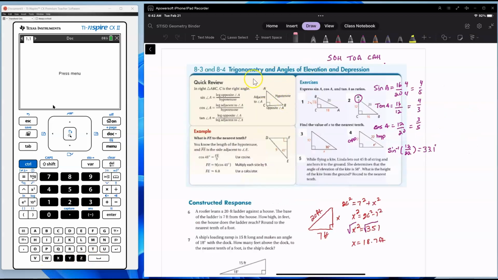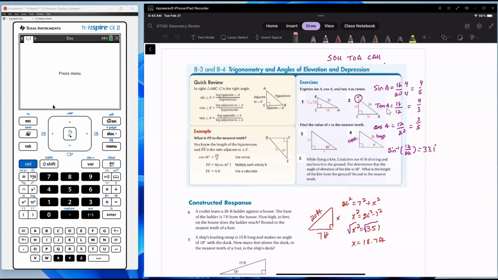So we're talking about trigonometry, and remember I told you to remember the mnemonic statement. SOH CAH TOA. Sine is opposite over hypotenuse, tangent is opposite over adjacent, cosine is adjacent over hypotenuse. And if we're looking for A, sine of A is going to be opposite over hypotenuse, which is 16 over 20.